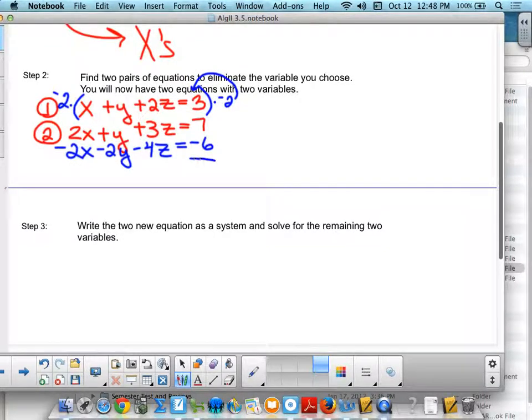6. Draw your line. Here it comes, your brand new equation. The x's cancel, and the y's make negative 1y.